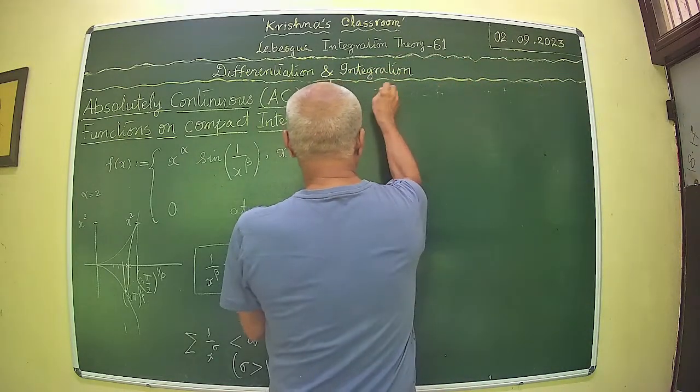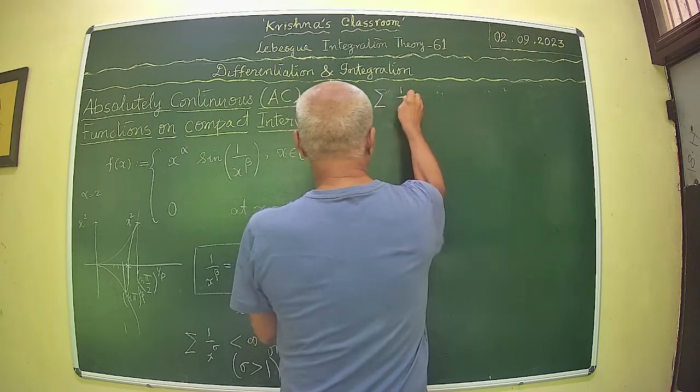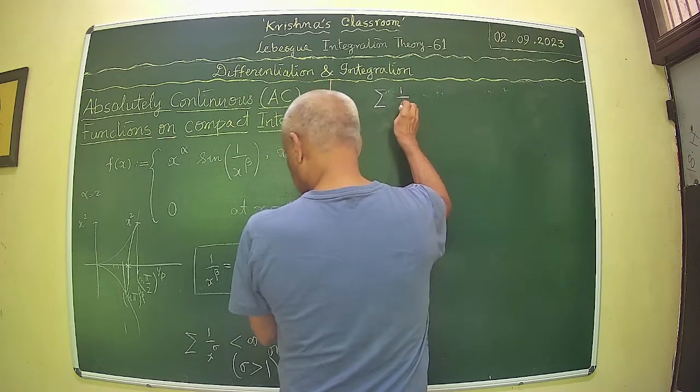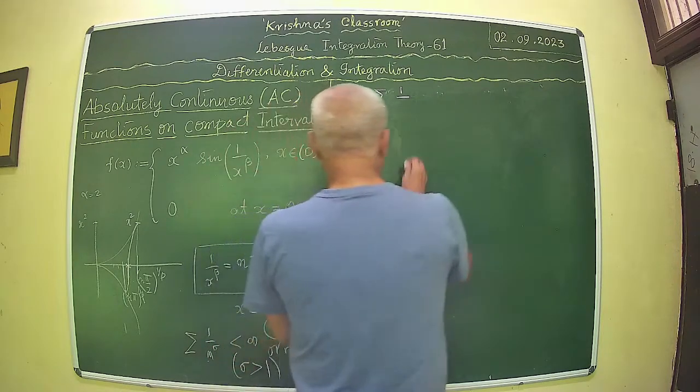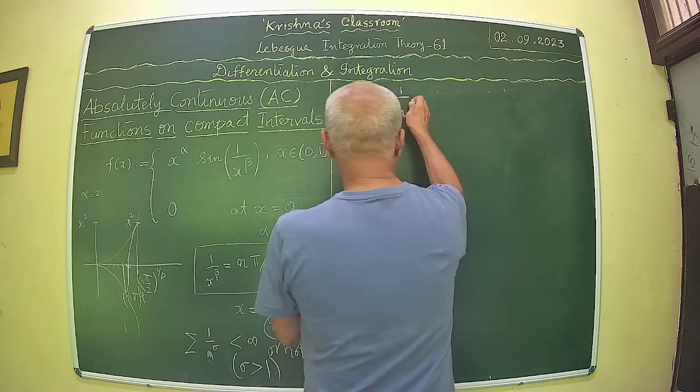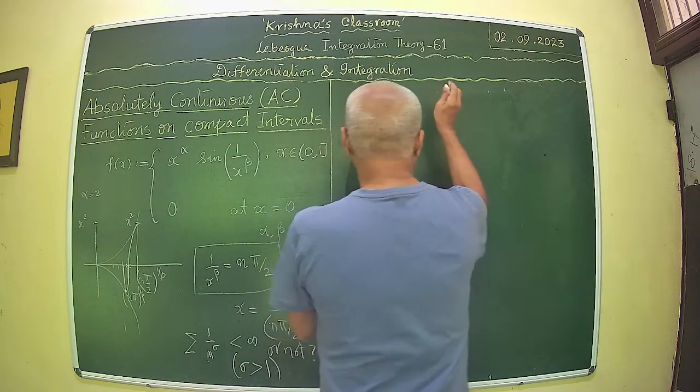Now you see the sum of 1 by n to the power sigma.